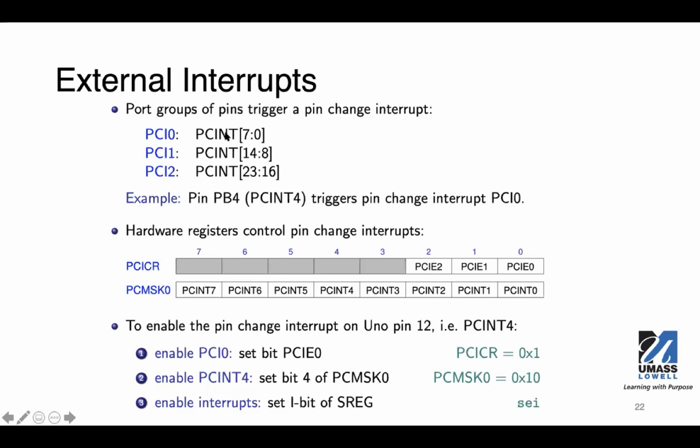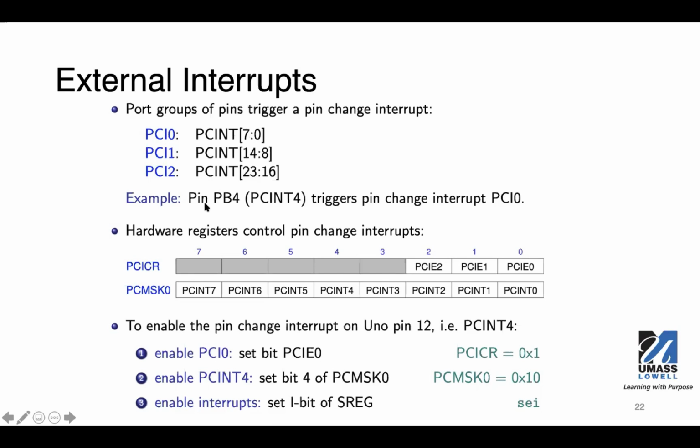And so PCINT 0 up to 7 will correspond to PCI0, or pin change interrupt 0. So not every single pin is mapped to an interrupt. It's a group of them mapped to one interrupt type.